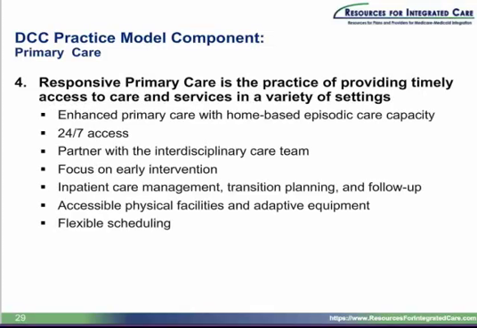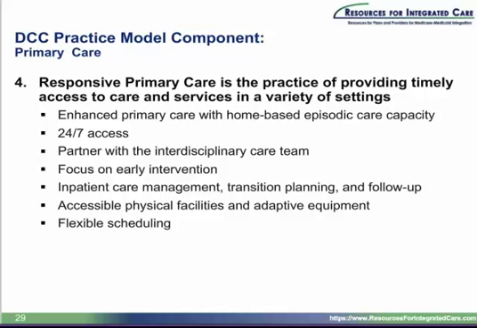The fourth pillar focuses on the provision of primary care. Disability competent primary care has 6 key components. Enhanced primary care with home-based episodic care capacity provided by a physician or nurse practitioner. The focus of that is to be able to capture avoidable episodes of illness.